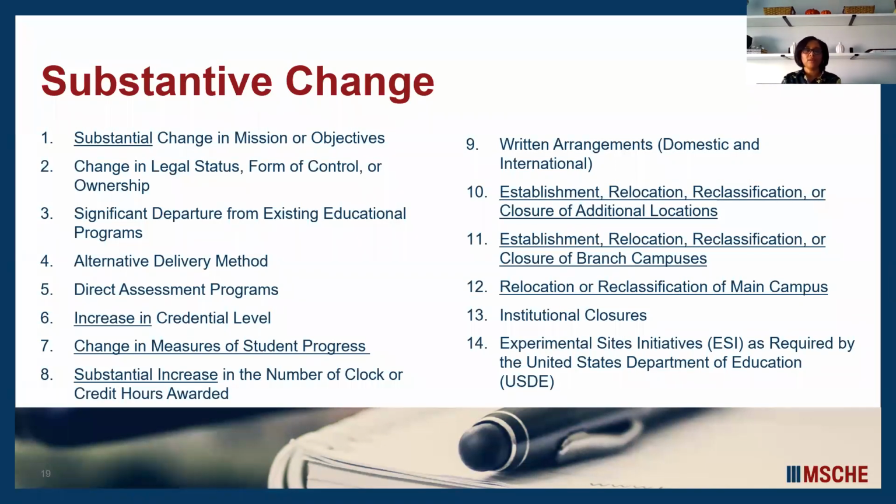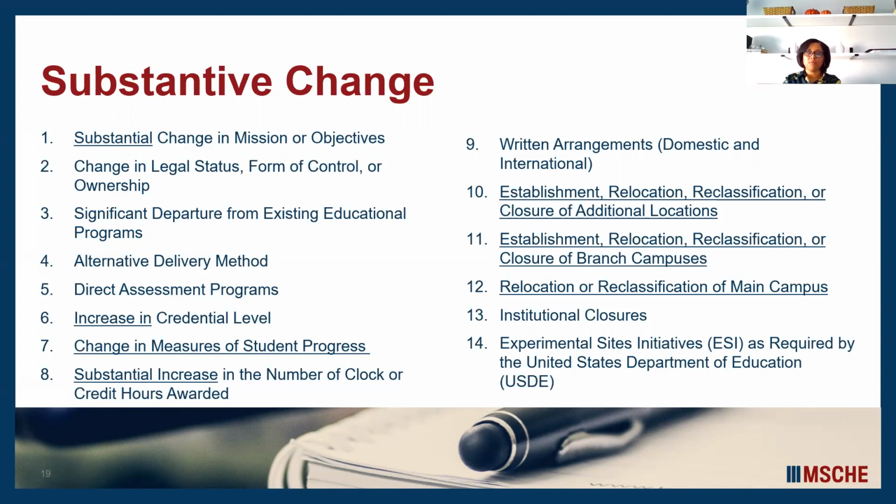Number four, alternative delivery method. In the past, we required approval for the first two programs at the new delivery method, such as distance or correspondence education. So as of July 1st, institutions need to submit a request form for one program only.